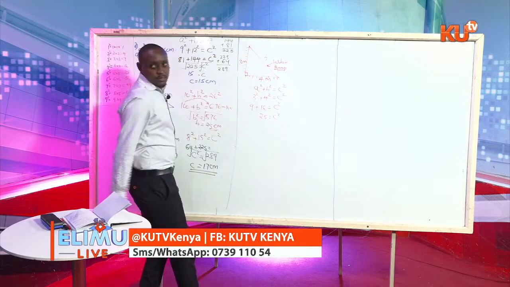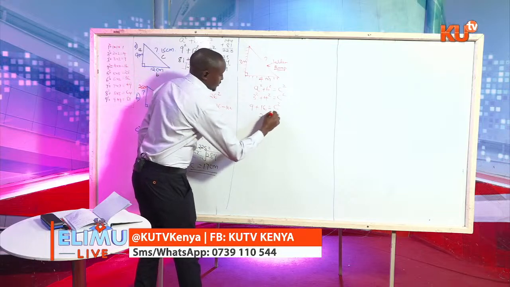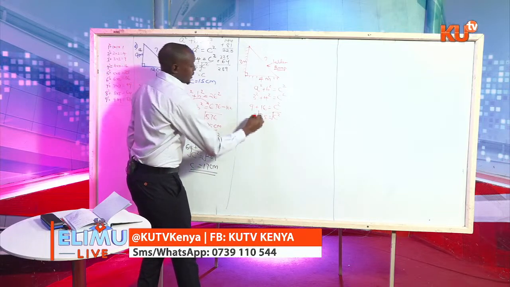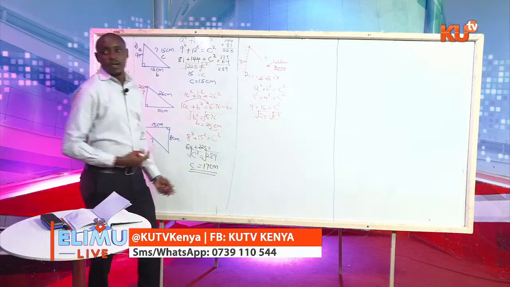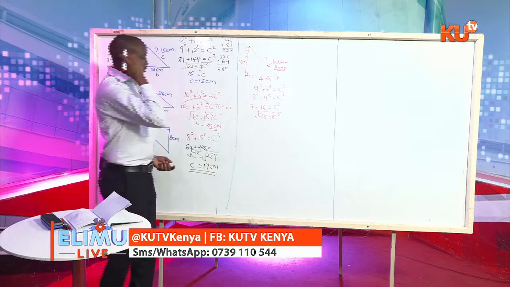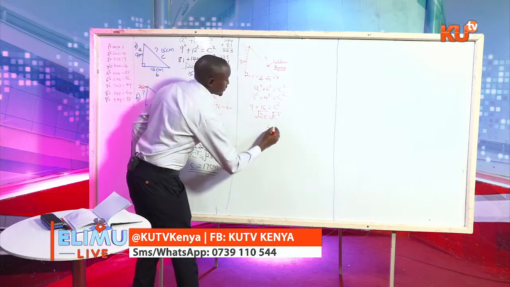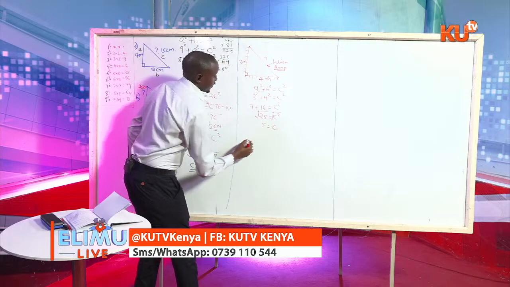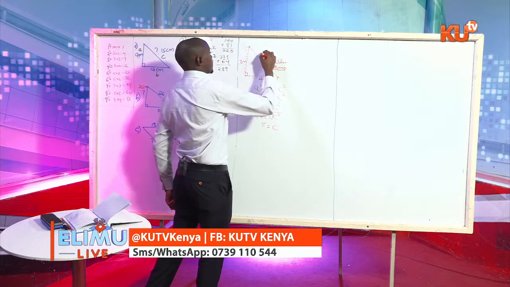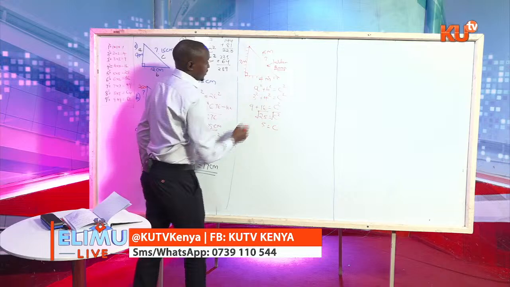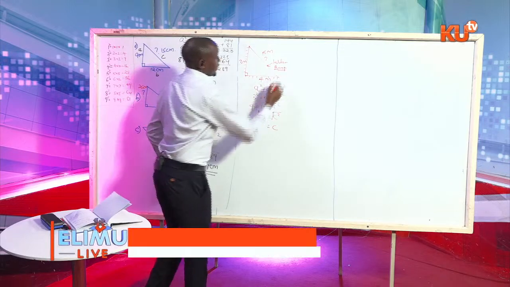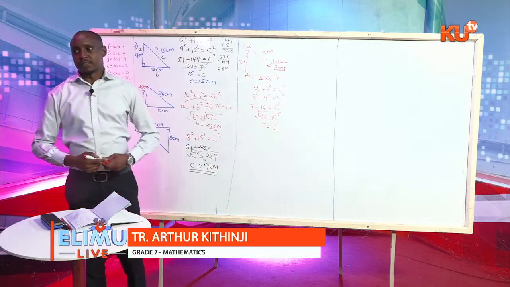To remove the exponent, we must take the square root of c squared, and we must also do the same to 25, which means our c is 5. Therefore, the length of the ramp is 5 meters.